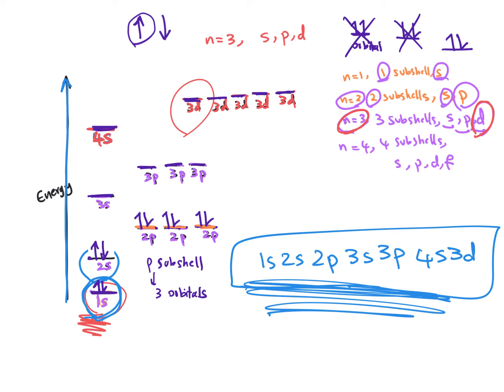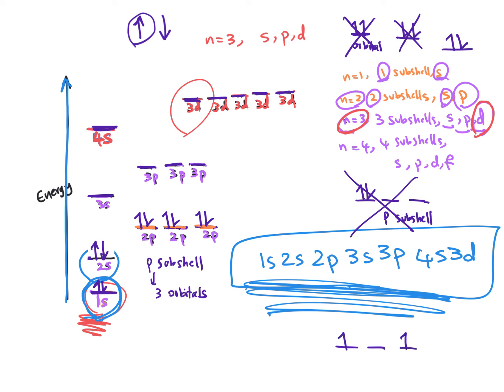But as of right now, remember that when we fill these orbitals, for instance, if you want to put 2 electrons in the p subshell, okay, you don't put them like that. Or you don't put them like this.